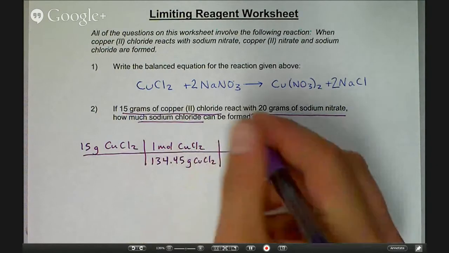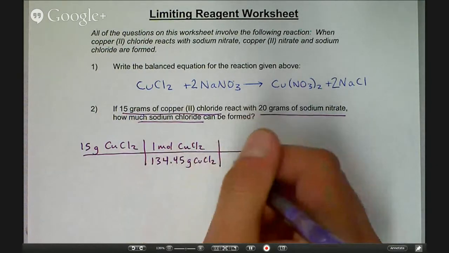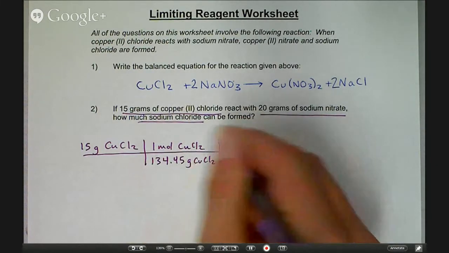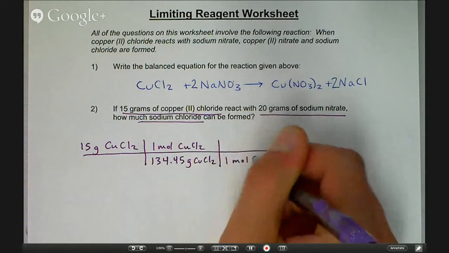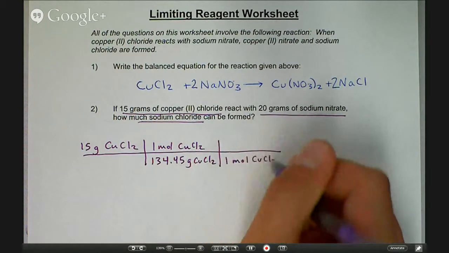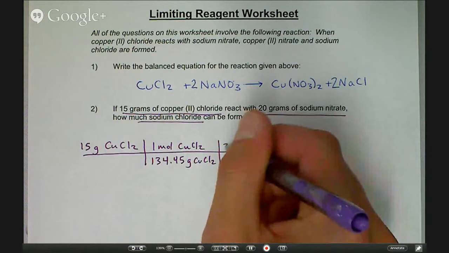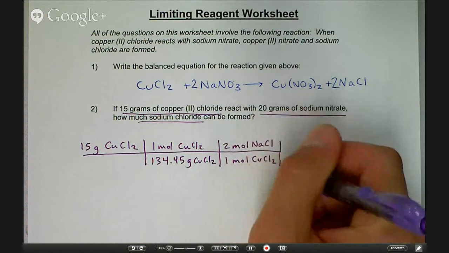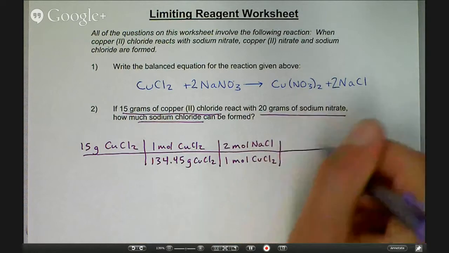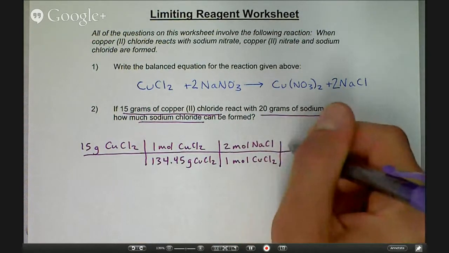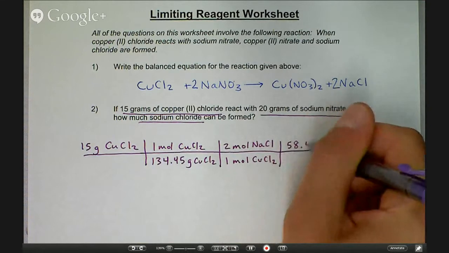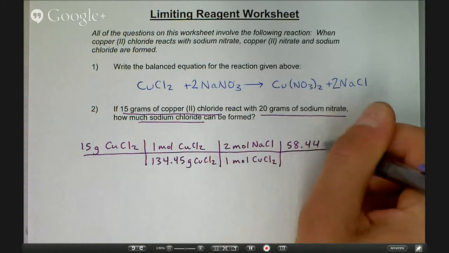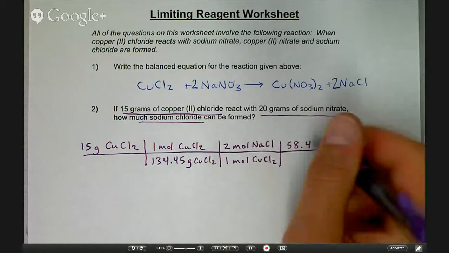According to our balanced equation, we have a coefficient of 1 for copper chloride, and we're converting it to sodium chloride, which happens to be a 2. So 2 moles of sodium chloride for every 1 mole of copper chloride. And then the molar mass of sodium chloride is 58.44 grams for every 1 mole.